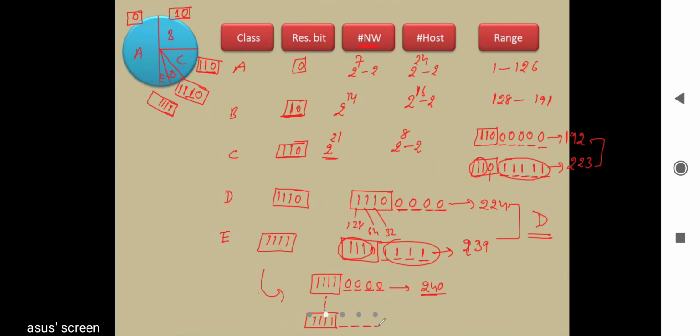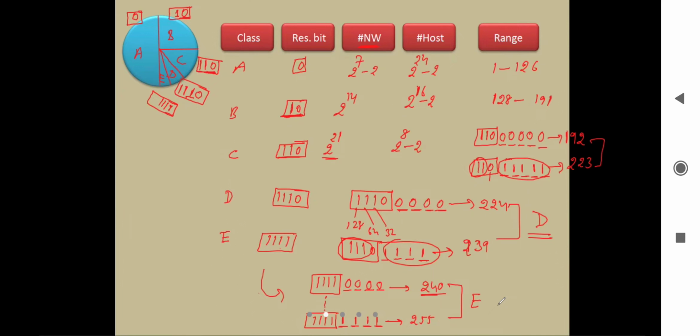I will put all ones for the maximum number. If we calculate this, we find that it is 255, and this is the range for class E. Okay, so finally we got the range for all the classes, class A, B, C, D and E.